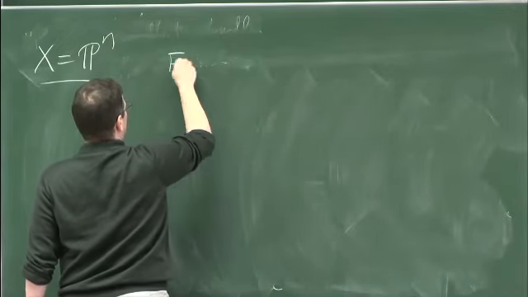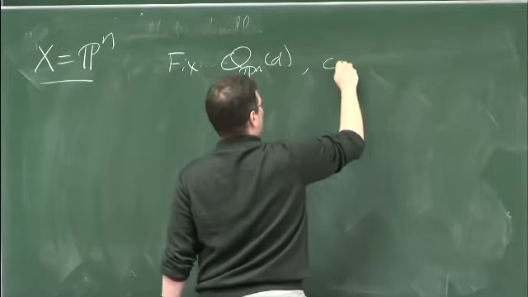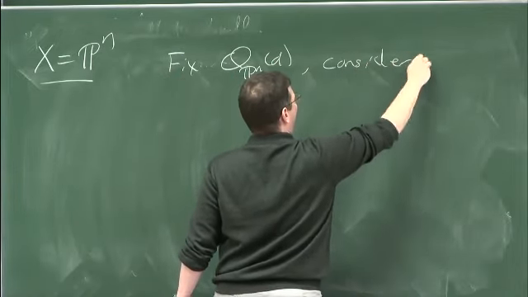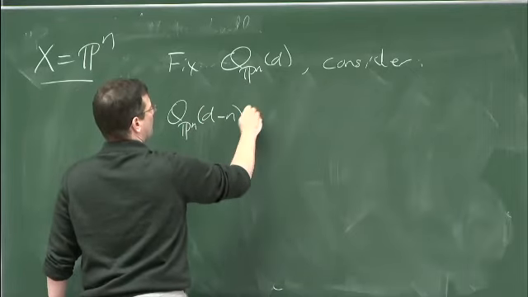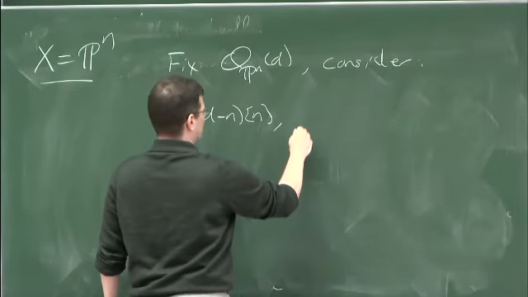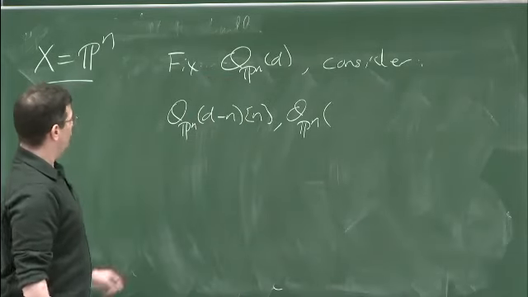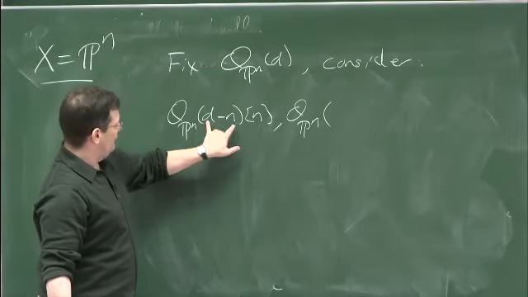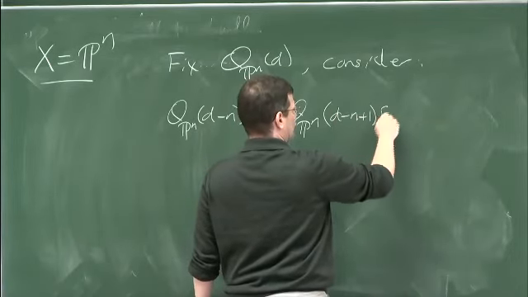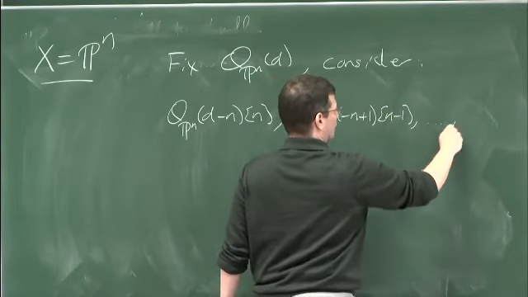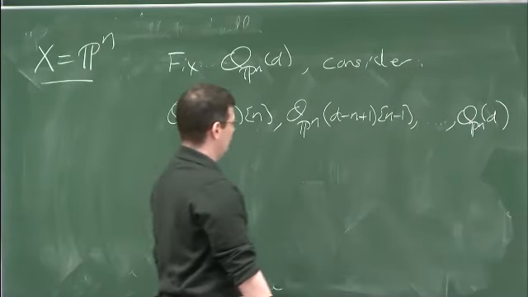So suppose I fix O_Pn of d and I consider the following objects in the derived category of coherent sheaves on Pn. So this is just O of d minus n shifted by n, O of d minus n plus 1 shifted by n minus 1, and then O of d not shifted at all.